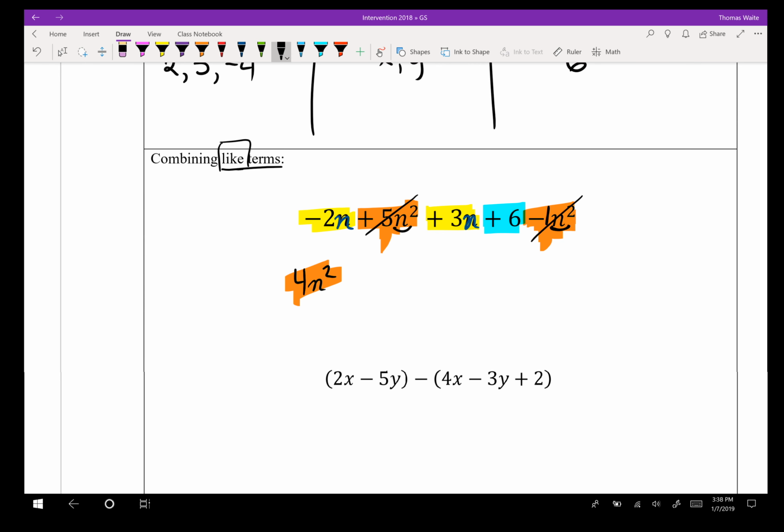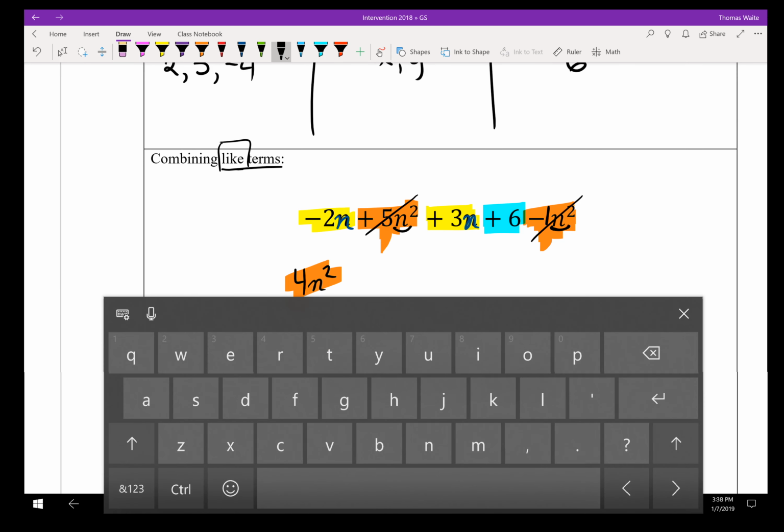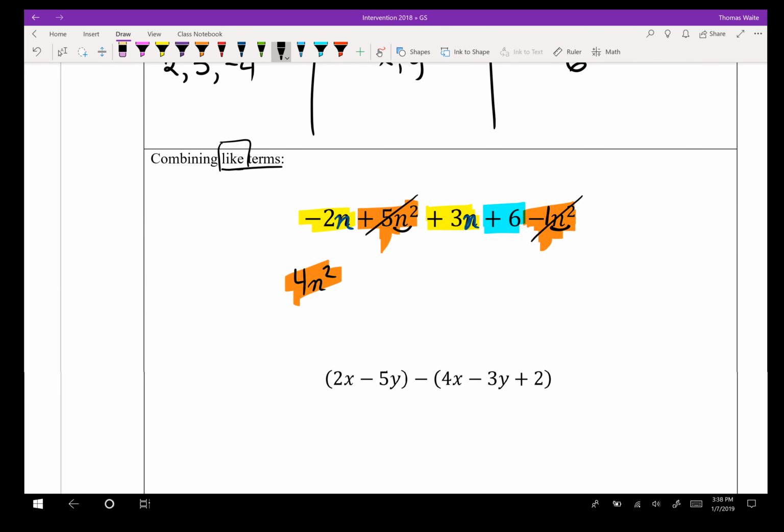Next, we'll do n's. I have negative 2 n's on the left and 3 n's on the right. So one way I could think about it, I could think of having 3 n's and take away 2 of them. If I have 3, take away 1, take away 2, that would leave me with just an n. A good way to do this without messing up our signs would be to make a number line. So I'm going to make a little number line over here.